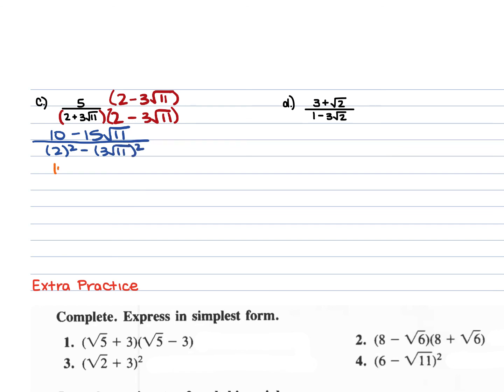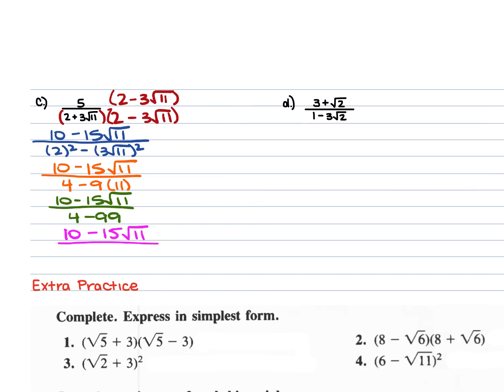So this is going to give us 10 minus 15 square root 11, all over 4 minus 9 times 11. The 9 times 11 is 99, so 10 minus 15 square root 11, all over 4 minus 99. We subtract the 4 and the 99. We get 10 minus 15 square root 11, all over negative 95.